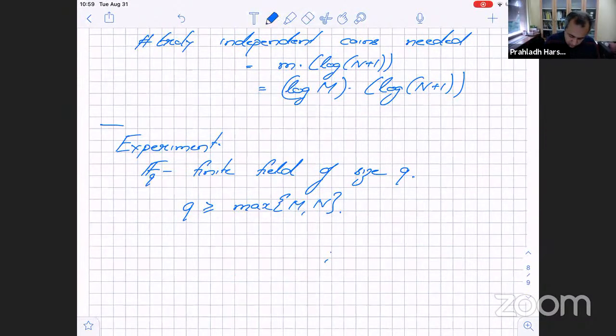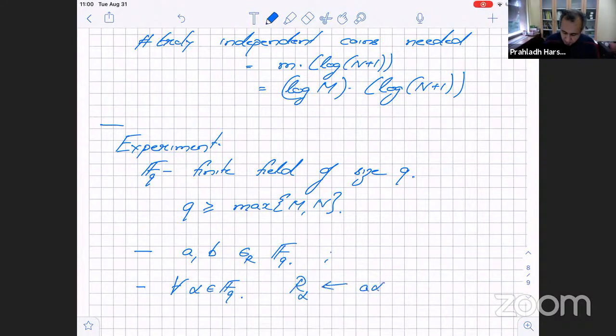Let's look at the following experiment. I pick A and B at random from the field F_Q, and for all alpha in F_Q, I set R of alpha to be the string A alpha plus B.